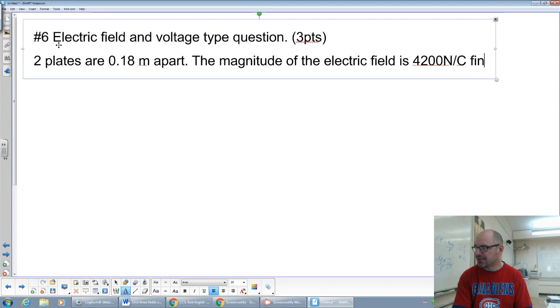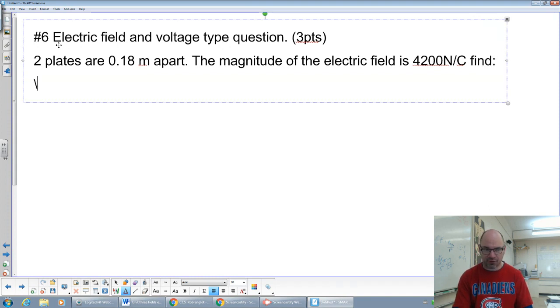Okay, so the first one is the potential difference, or the voltage between the plates.